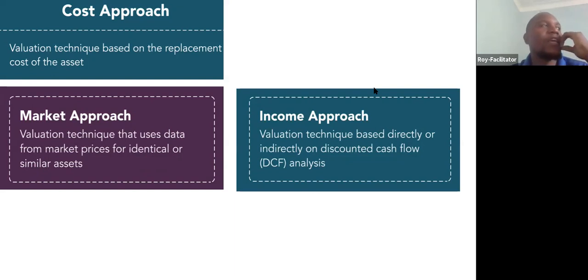In Africa, the most thriving markets are the Nairobi Stock Exchange and the Johannesburg Stock Exchange. And usually there is data. No worries, there are various sites where we get this data. So we look at a similar company and look at their ratios, then look at your performance and multiply by the market ratio of that sector. So that is the market approach.